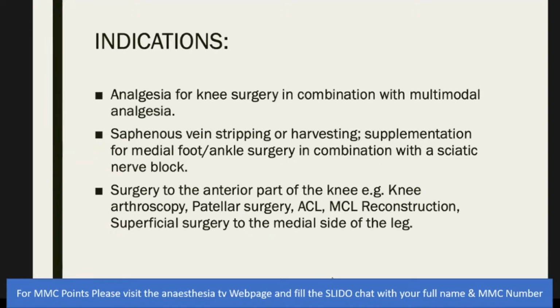Indications of adductor canal block are analgesia for knee surgery in combination with multimodal analgesia, saphenous vein stripping or harvesting, supplementation for medial foot or ankle surgery in combination with sciatic nerve block, rescue analgesia for surgery to the anterior part of the knee, for example, knee arthroscopy, patellar surgery, anterior cruciate ligament and medial cruciate ligament reconstruction surgery, and superficial surgery to the medial side of the leg.